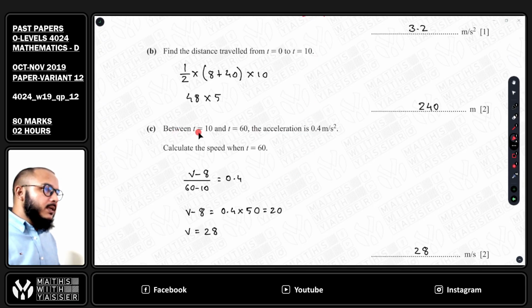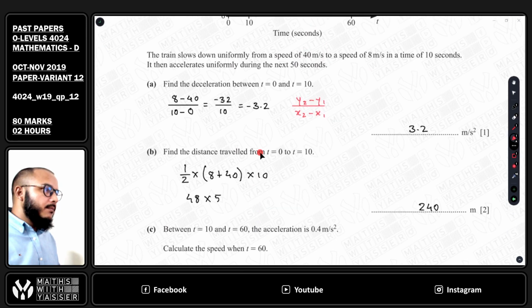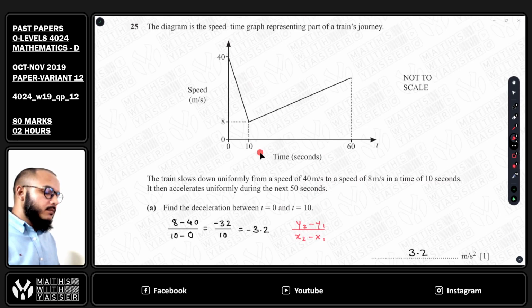Then it says between t equals 10 and t equals 60, the acceleration is 0.4 meters per second squared. Calculate the speed when t is equal to 60. So they have already provided us with the acceleration for this region.